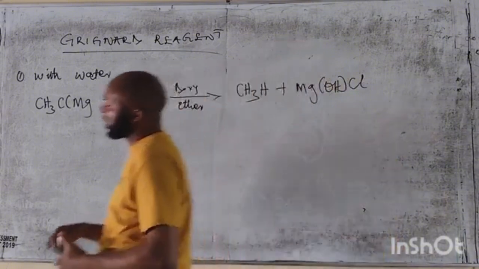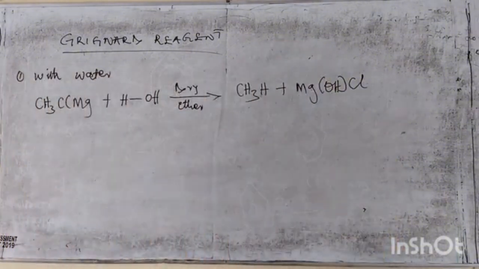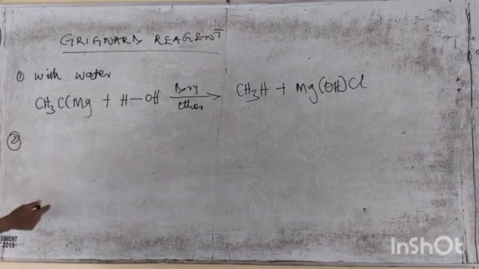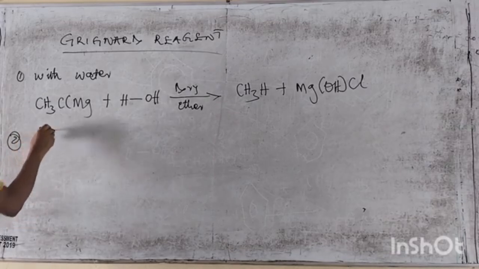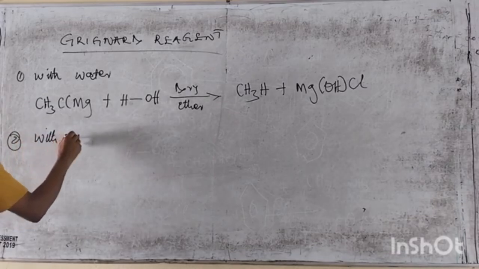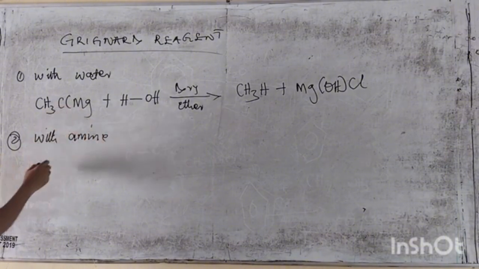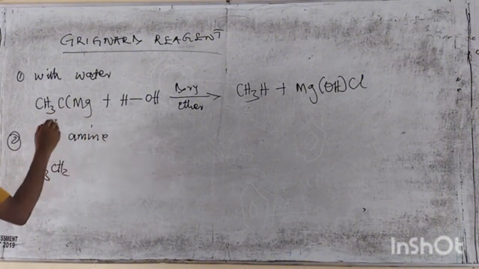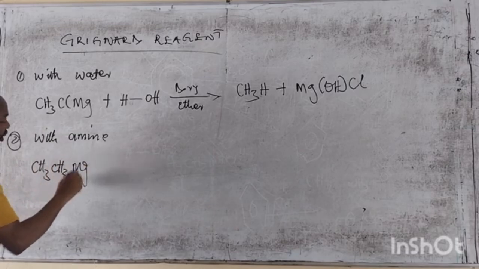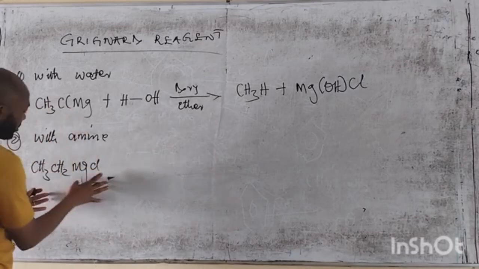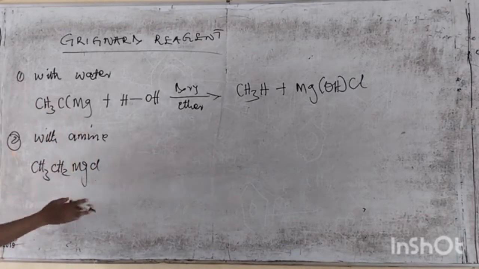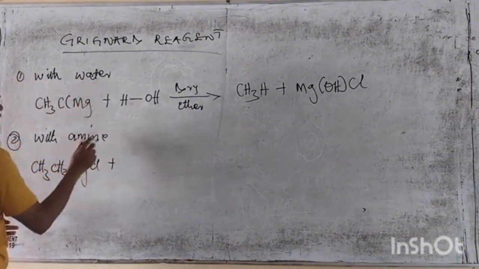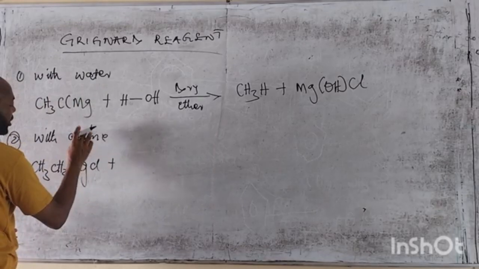So let's take another reaction, with ammonia. I still have my CH3CH2MgCl, which is my ethyl magnesium chloride, reacting with, okay, not amine, ammonia. Let's take ammonia, NH3.